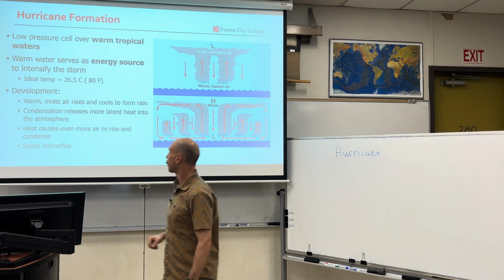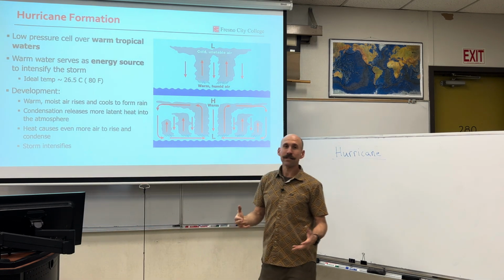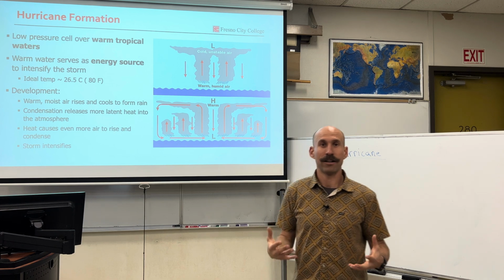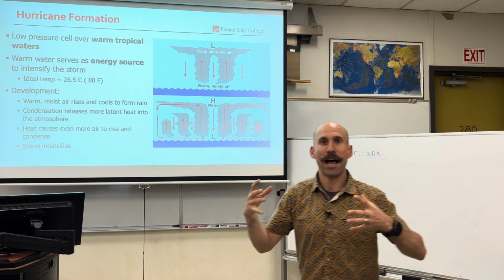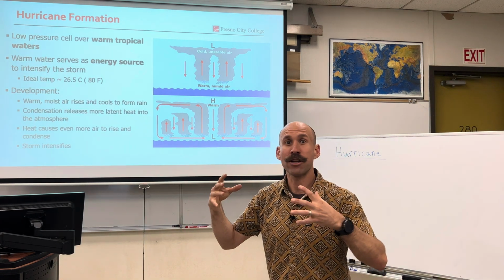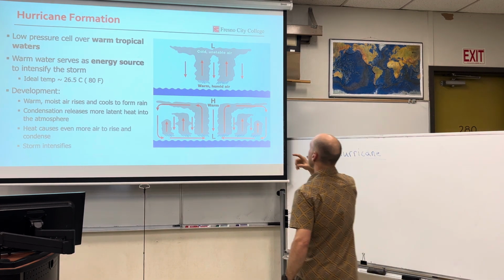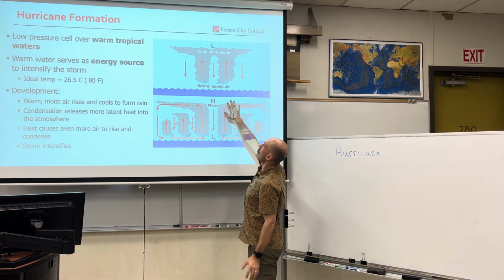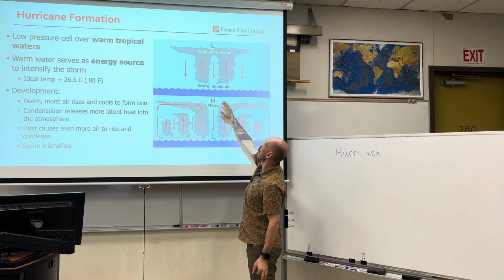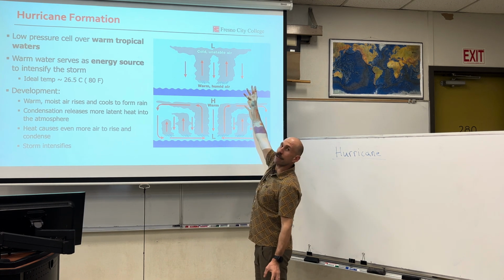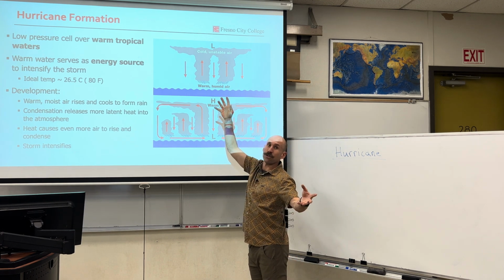Okay, so hurricanes need warm water. It is like the fuel that feeds these ginormous storms. Basically what happens is, part one, you've got some warm, humid air that causes a lot of air to rise, generating storms.